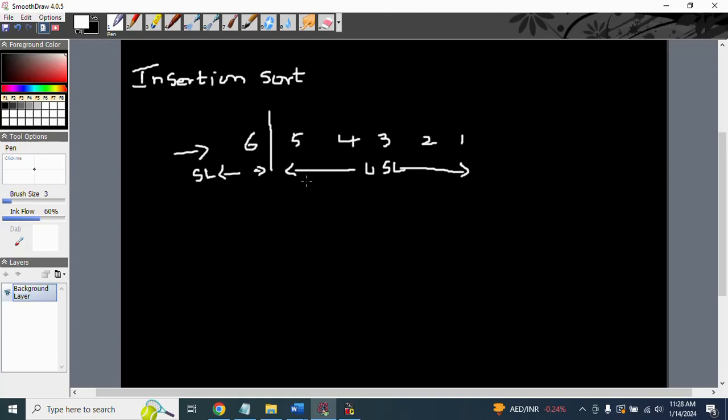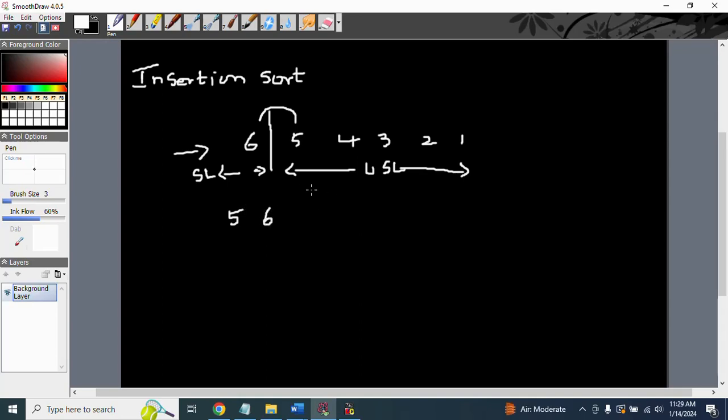So please observe carefully. Step 1: I have considered the first element as part of my sorted list. Now I compare the first element of the unsorted list with the sorted list, so I'll be comparing 5 with 6. There is only one element in the sorted list, so only one comparison. Since 5 is less than 6, 5 is kept in the beginning and 6 after that.